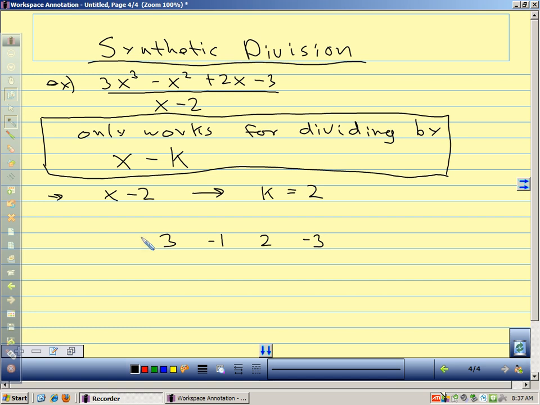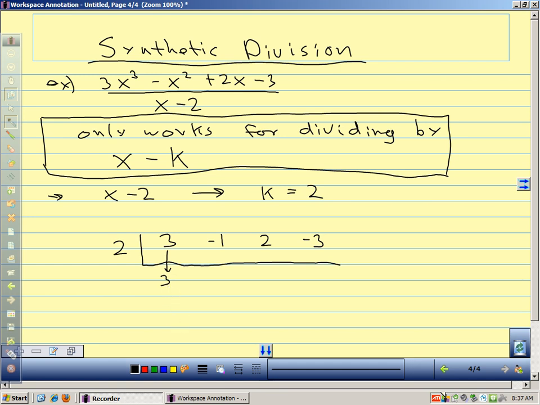Then I'm going to make my division bracket kind of upside down. Out front, I'm going to write just k. Whatever my x minus k is, I write k out front. My first step is to bring this number down.